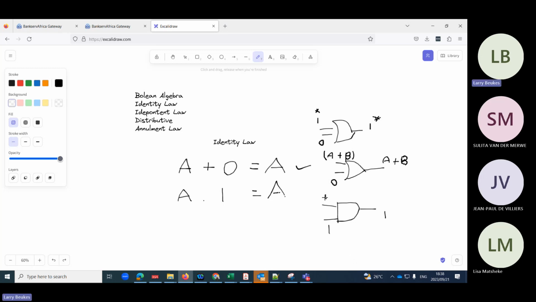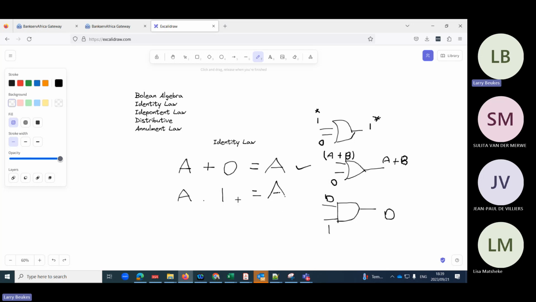Then if you have, for example, let me do it like this so that it's easy for you guys to relate. 0 and a 1, the output will be a 0. Did you guys notice something? Here, if this value is a 1, the output will be this value, which is a 1. If it's a 0, the output will be this value, which is a 0.